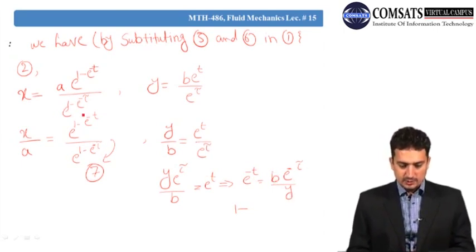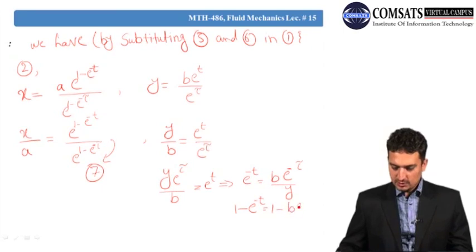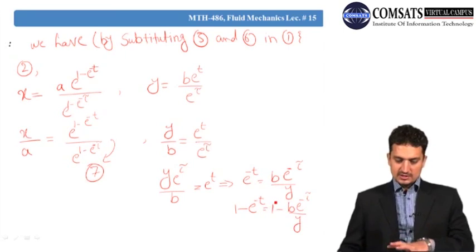लेकिन यहाँ पे हमें e to the power minus t alone नहीं चाहिए, we require it in the form of 1 minus e to the power minus t. So 1 minus e to the power minus t is equal to 1 minus b e to the power minus tau over y. This is the equation.